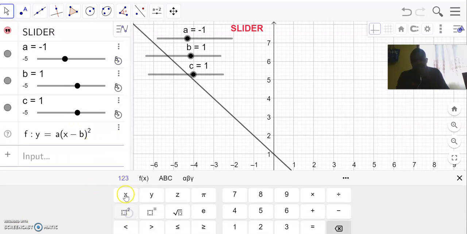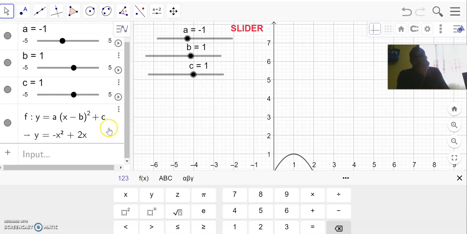Then plus a constant c. So when you reach there, then you have a vertex equation. This is a vertex equation, or a function that is in the vertex form of a quadratic function.